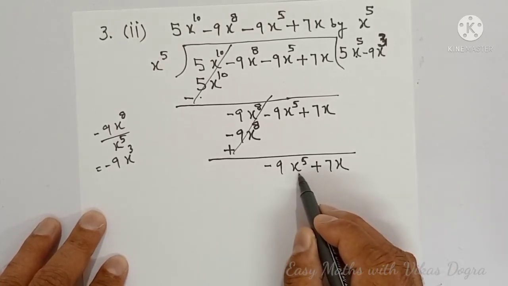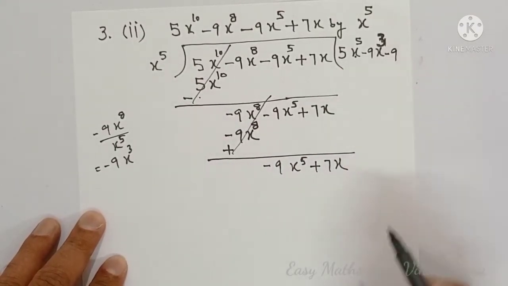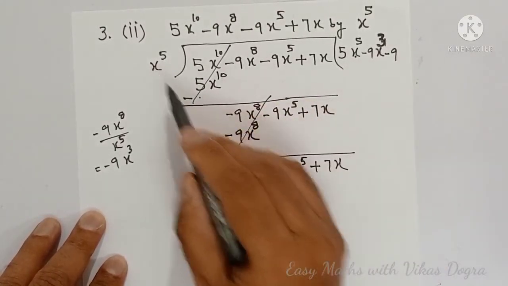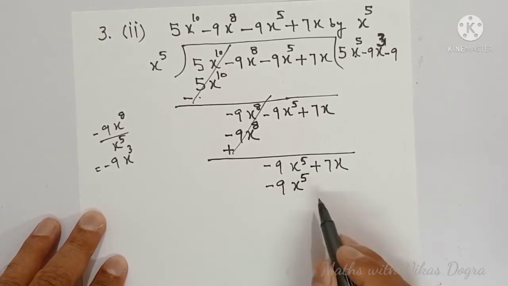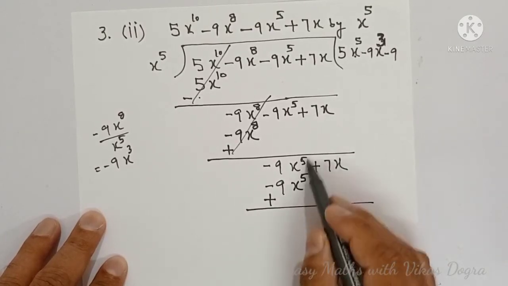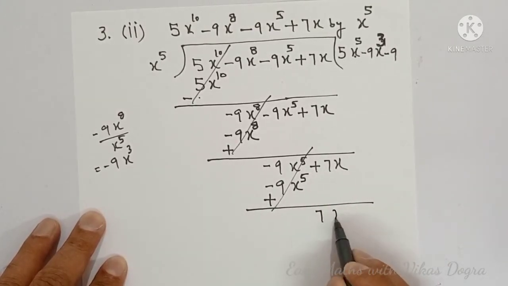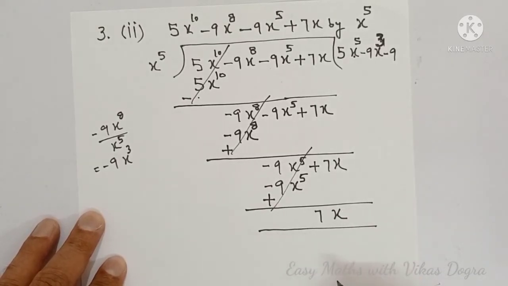We will divide minus 9x power 5 with x power 5. What is left? Minus 9. Minus 9 will multiply x power 5. It will come minus 9x power 5. Change the sign once again. This is cut. So what is left? 7x. Now you can observe that degree of remainder is 1 and degree of divisor is 5.